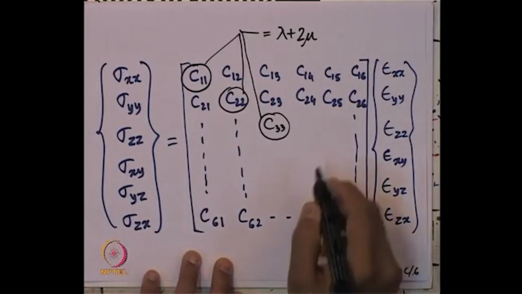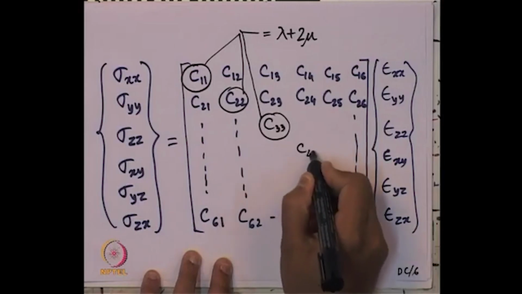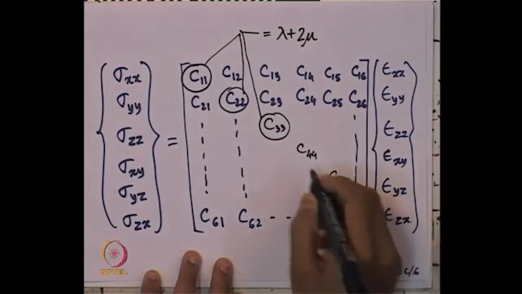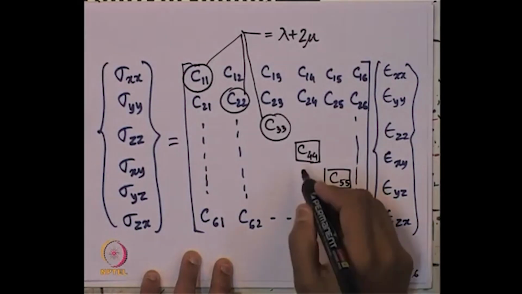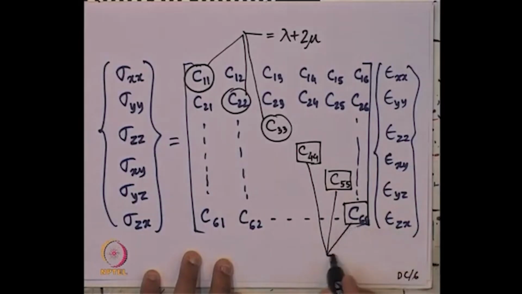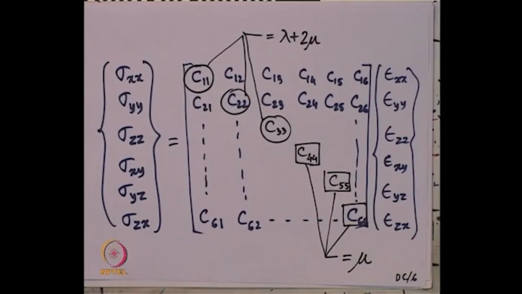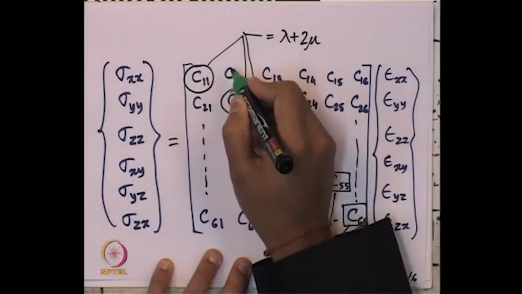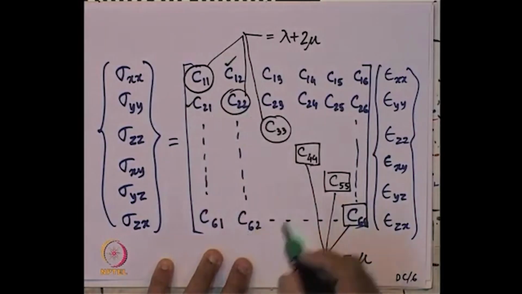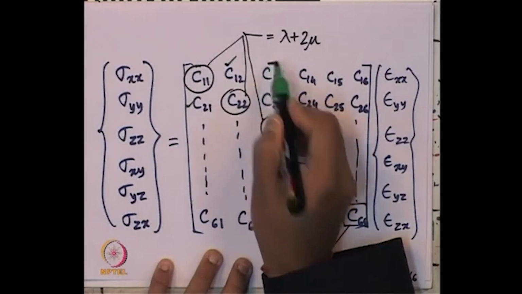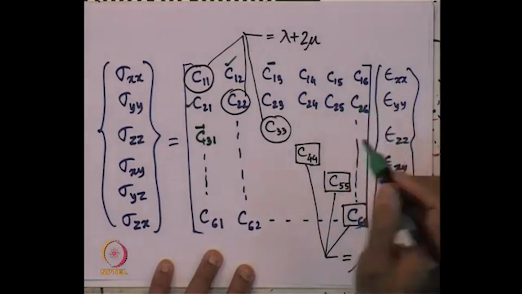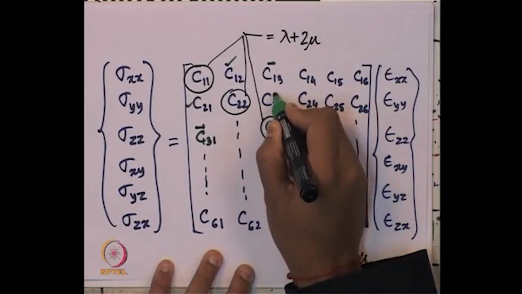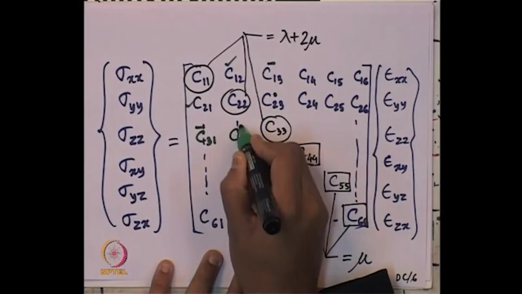And the other diagonal elements C44, C55 and C66, that is this one and this one, will be equal to mu, and the remaining ones: C12 and C21 are equal, then C13 and C31 are equal, then C23 and C32 are equal.